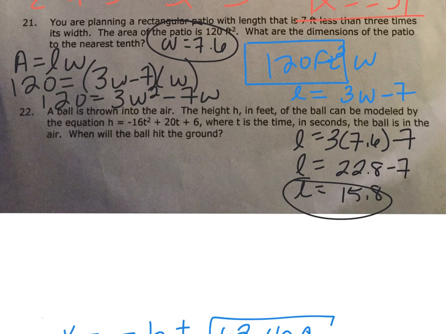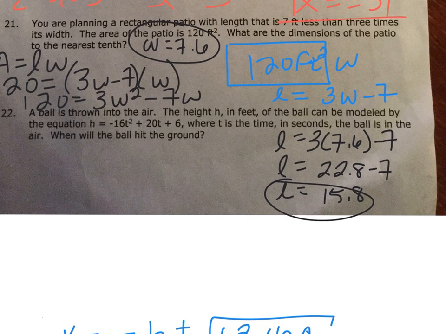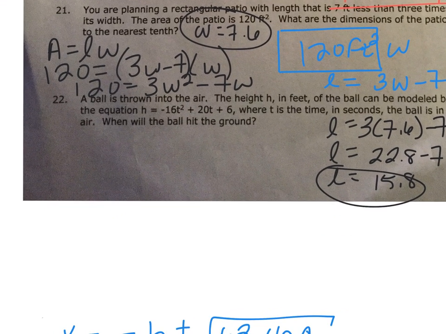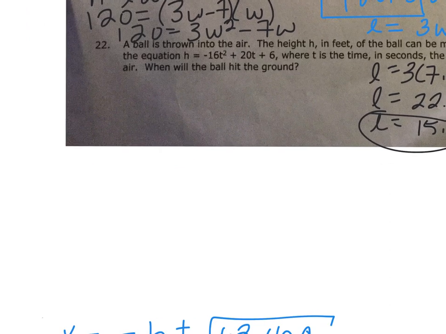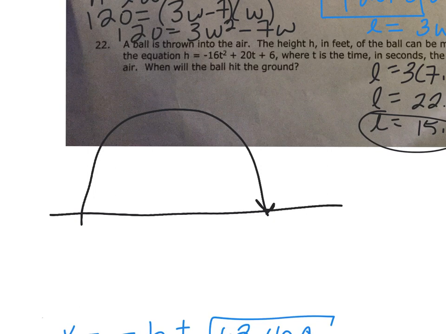Well, if I draw a picture, I'm going to scooch over here. The ball is thrown into the air, so it kind of looks like this, right? This is your x-axis. This would be your y-axis. So this is a 0, where x equals 0 here.